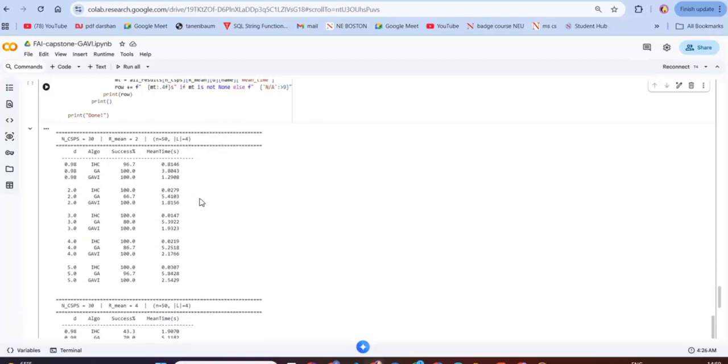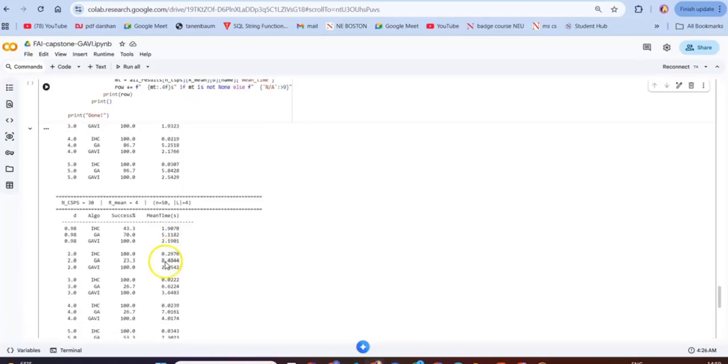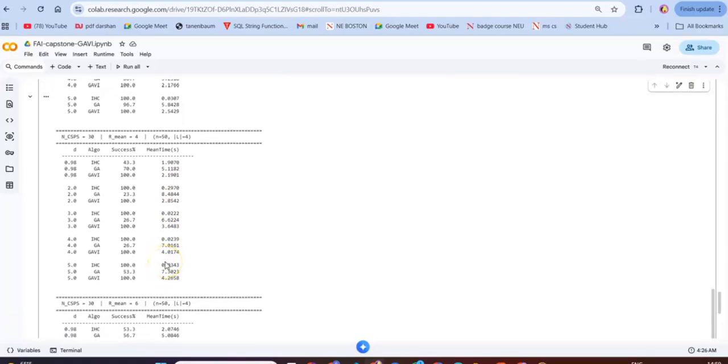Now 30 CSPs per cell. So the numbers tighten up. At R mean equals 2, the GA picks itself up a little, ranging from 66 to 100% across densities, but GAVI still holds at 100% everywhere, with mean times between 1.3 and 2.5 seconds. At R mean equals 4, the GA stays collapsed in the middle, while GAVI is still at 100% across the board.